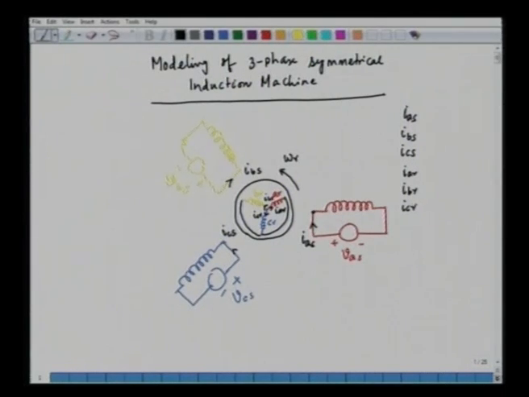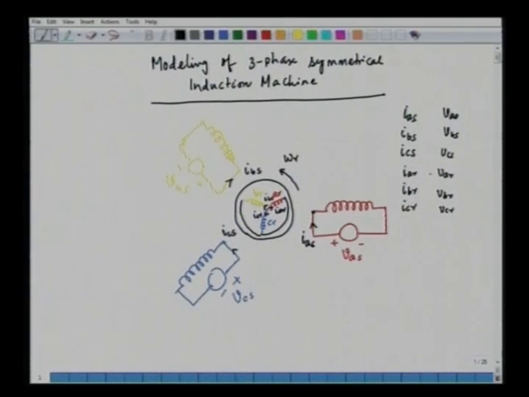So we have to essentially solve for 6 variables, 6 currents, and the forcing functions are VAS, VBS and VCS for the stator, and for the rotor we have correspondingly the voltages VAR, VBR and VCR.